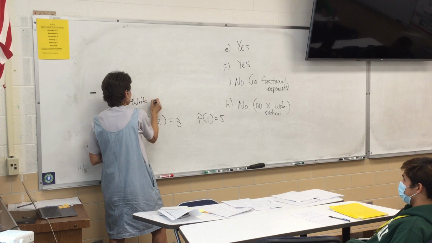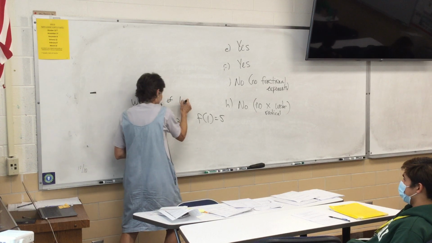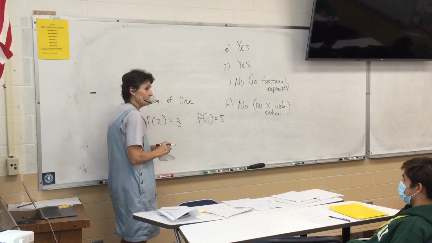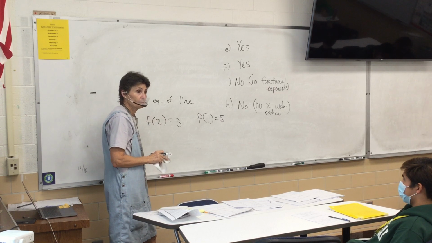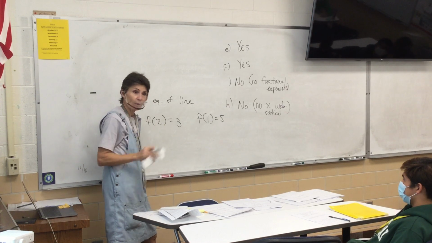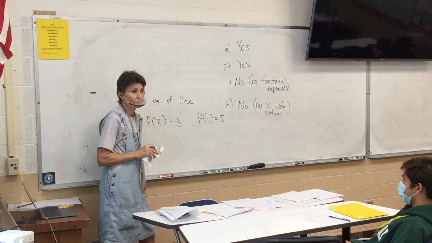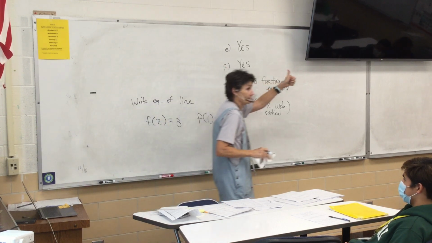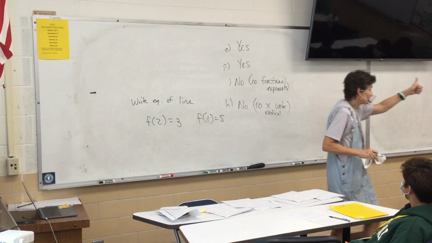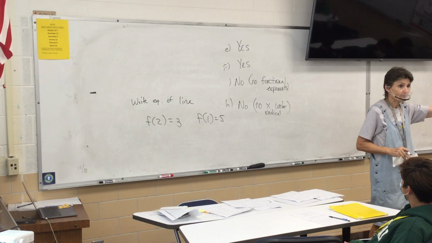You're writing the equation of a line. Have you ever done that before in your life? Yeah, like 12,000 times. And what do you do when you write the equation of a line? y equals mx plus b, which means you have to have what? What's m? The slope. Don't you have to find the slope?